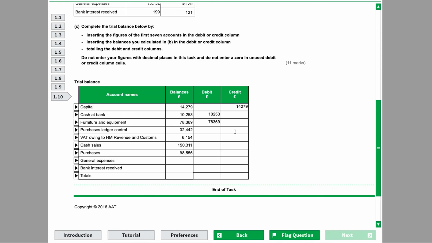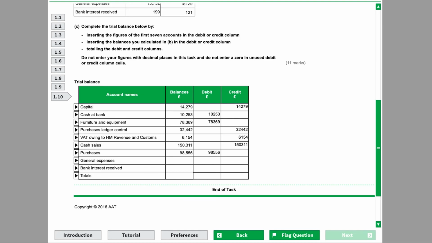The purchase ledger control is money owed to our suppliers and therefore a liability and a credit. VAT owing to HMRC, well, if it's owing to HMRC, it's a liability and therefore a credit. Cash sales is income and therefore would be a credit. And purchases is cost to the business and therefore a debit.